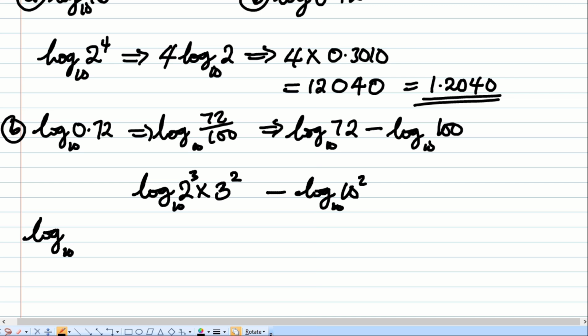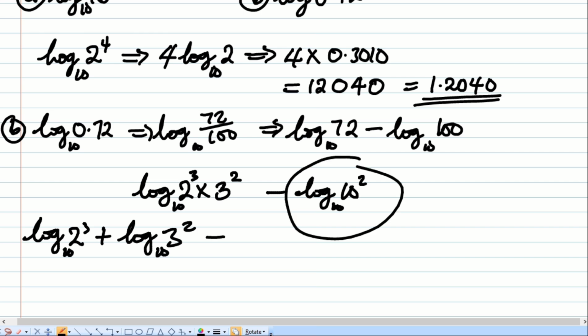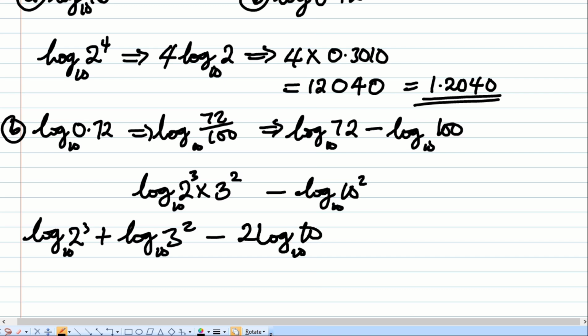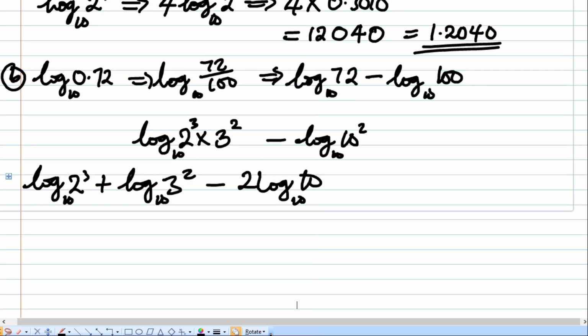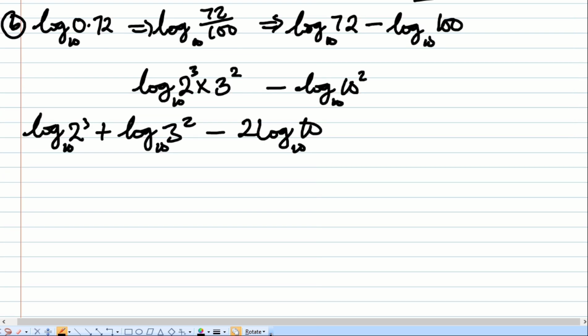Now, the left side, let's simplify further. This will be logarithm to the base 10 of 2 raised to the power 3 plus logarithm to the base 10 of 3 raised to the power 2. I'm applying the addition law here now. Then we have minus. I'm going to apply the power law in this side of the problem. So that will be minus 2 log base 10 of 10. So that's what we have. So just take it line upon line until you get the answer.